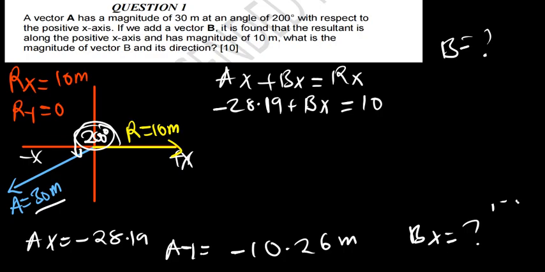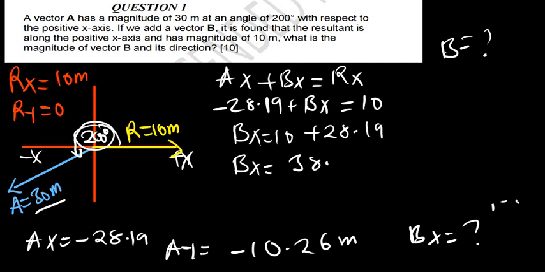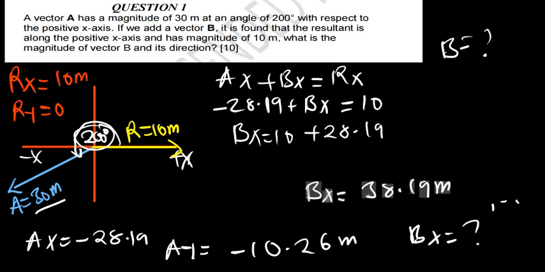Shift this to the other side, and you remain with Bx equal to 10 plus 28.19. So I'm getting 38.19 meters. That is the x component of my vector B. Let me even put it here.